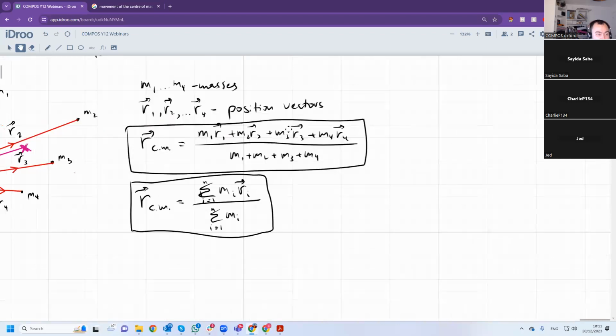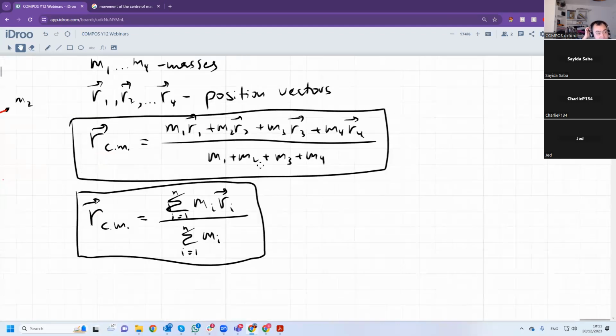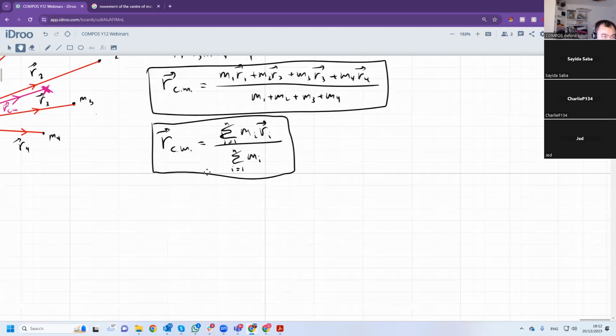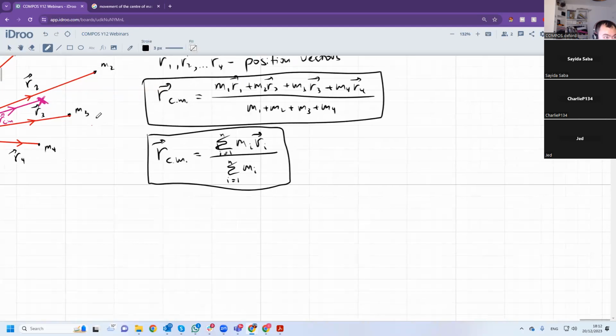And this formula, you remember that the radius vector contains the x coordinate and the y coordinate. So if you only take the x component of vector r, the units would be meters.